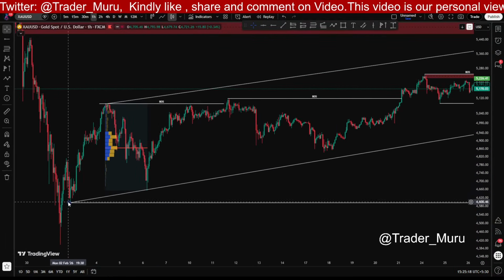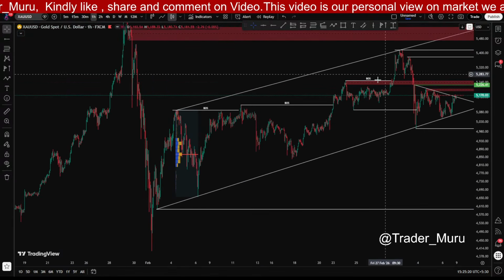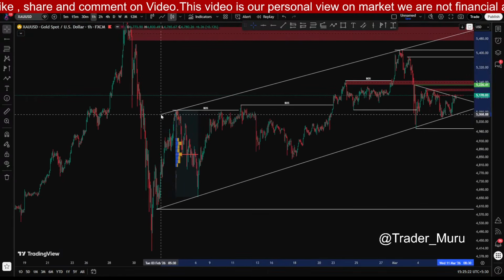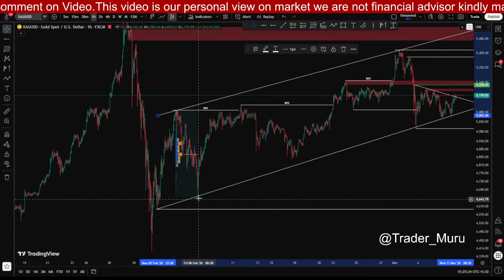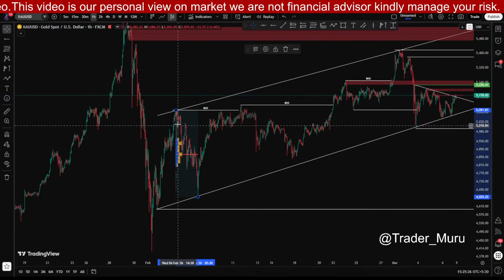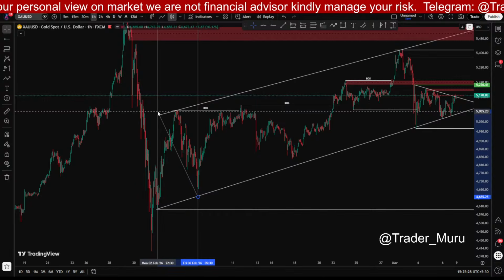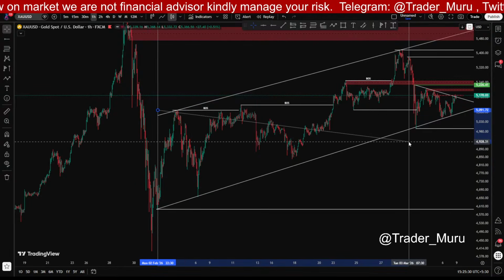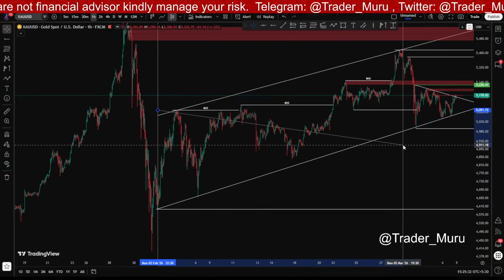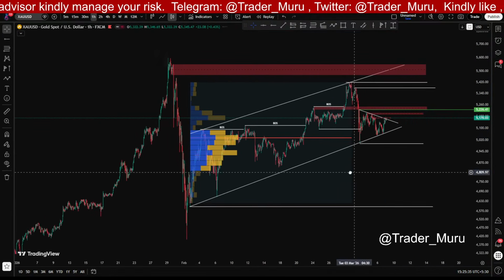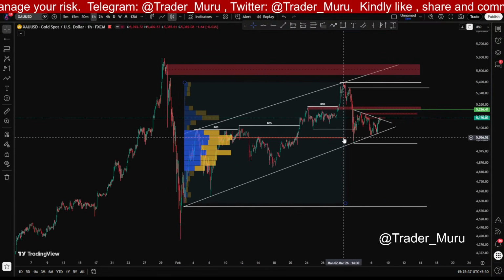If you want this bottom to this high, use it like this. It will give you the max traded prices in this full rally, which is here.